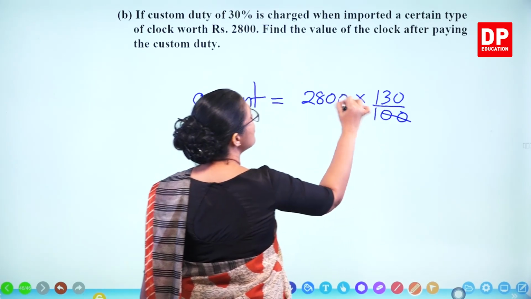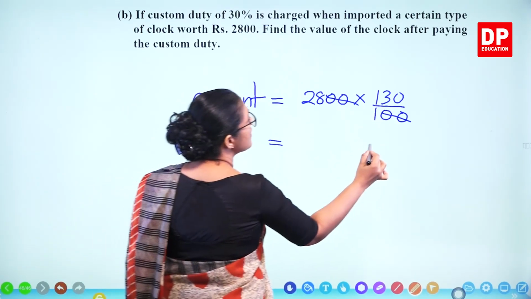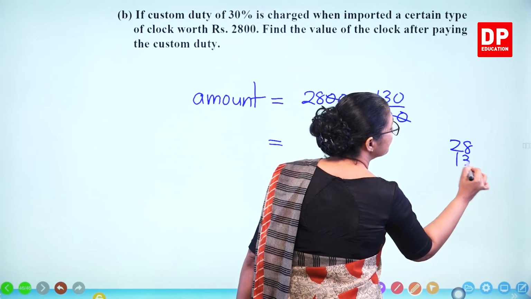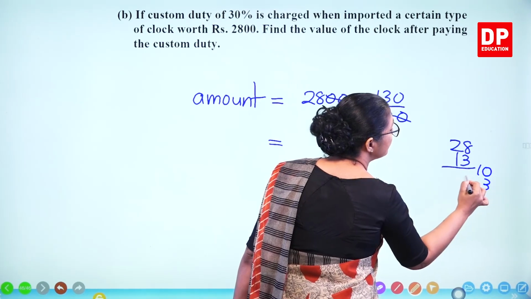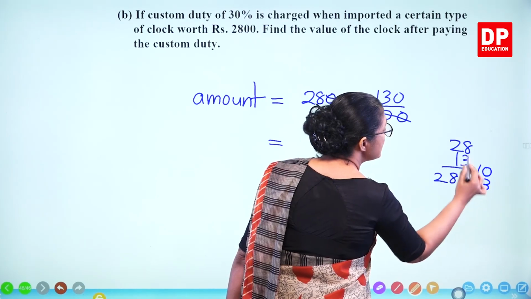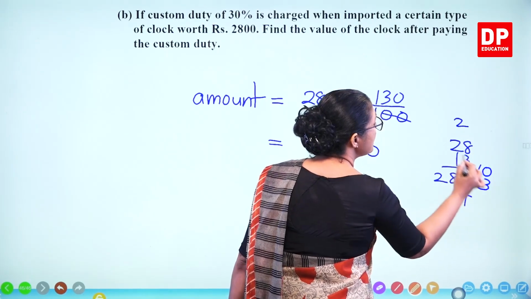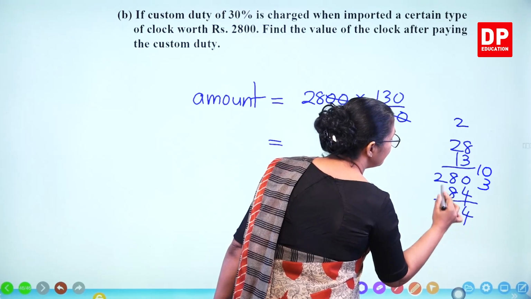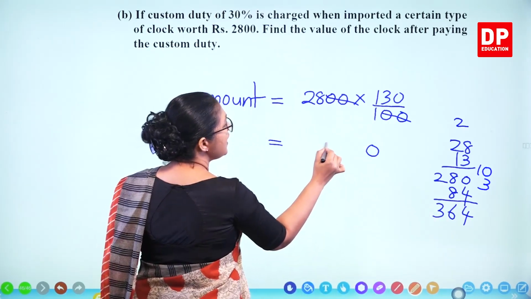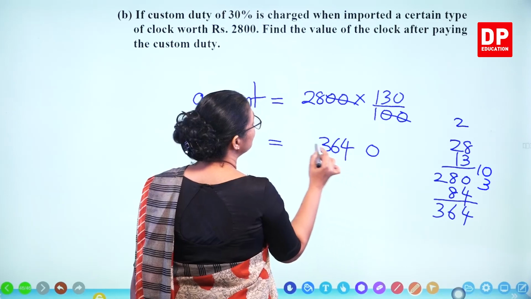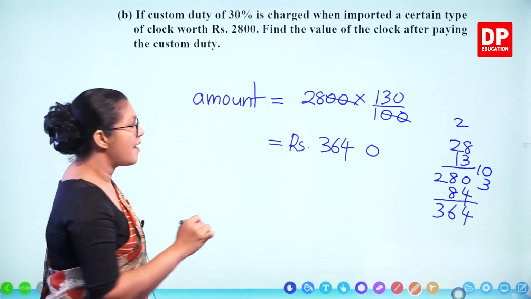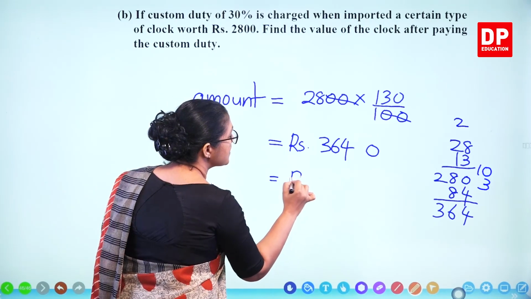So 2 zeros get cancelled out. 13 times 28. 3 times 8, 24. 3 times 2, 6 plus 2, 8. So 364. So what's the value? 3,640 rupees.